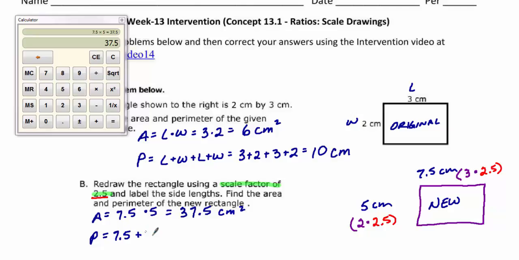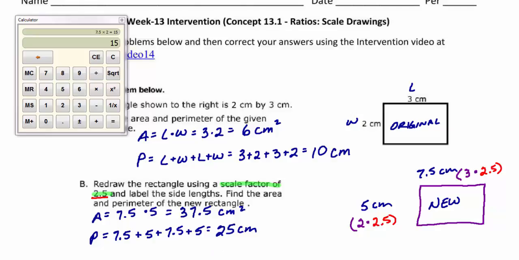That'll be the 7.5 plus the 5 plus the 7.5 plus the 5. We'll make sure we go all the way around. 7.5 and another 7.5, doesn't matter which order I add these in, as long as I add all 4. 7.5 and 7.5 is 15. And another 5 is 20. Another 5 is 25 centimeters.